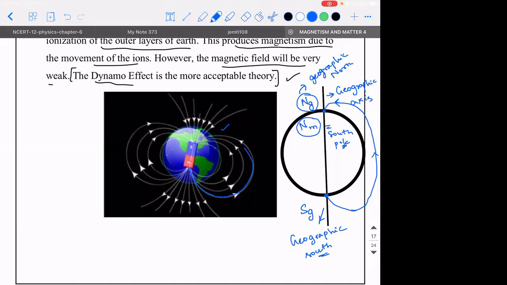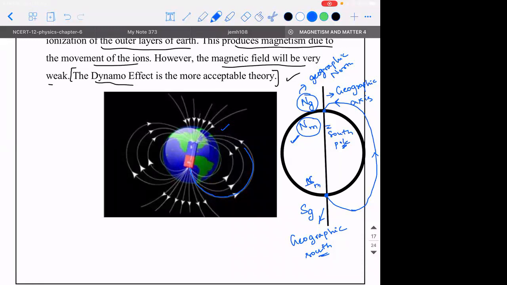But in the naming structure, they write it as NM, because this was a naming convention given even before all this theory was invented. They have not yet changed it, so this is how it is universally followed. So this is called NM, and this is called SM. M stands for magnetic, G stands for geographic. Have this point in your mind.